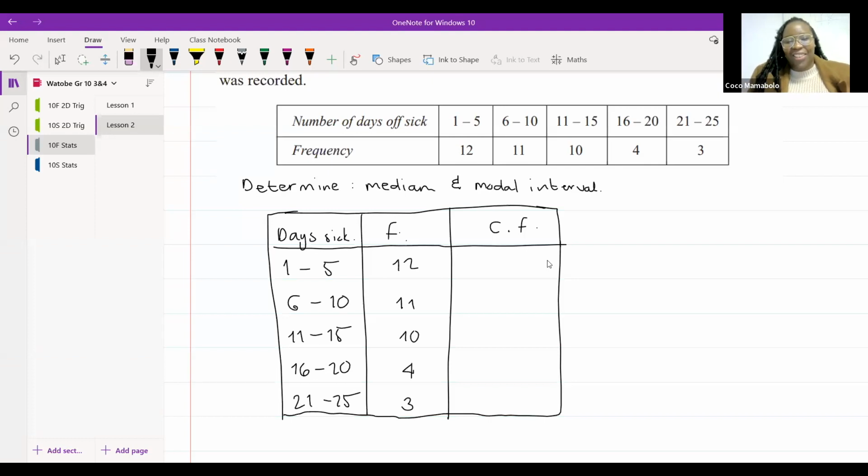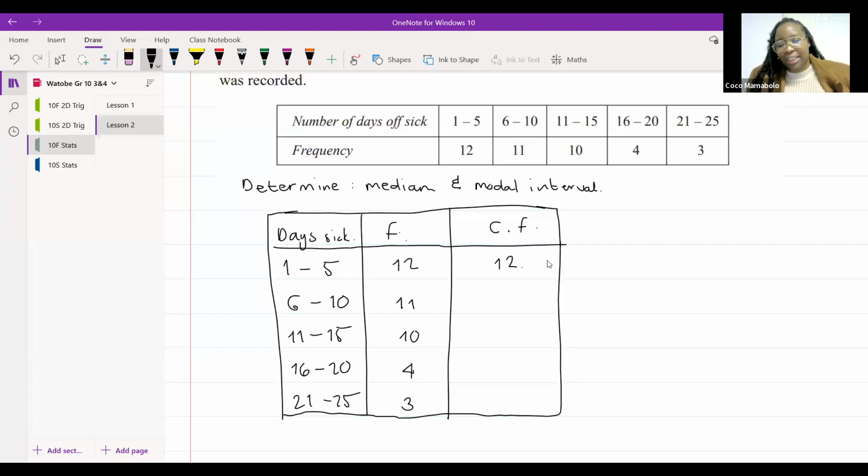Okay, so our cumulative frequency, we're going to go 12. And then for this interval over here, guys, anybody want to fill in these values for me for the cumulative frequency? Do you want to add in these values for me? All right, let's finish up the cumulative frequency.